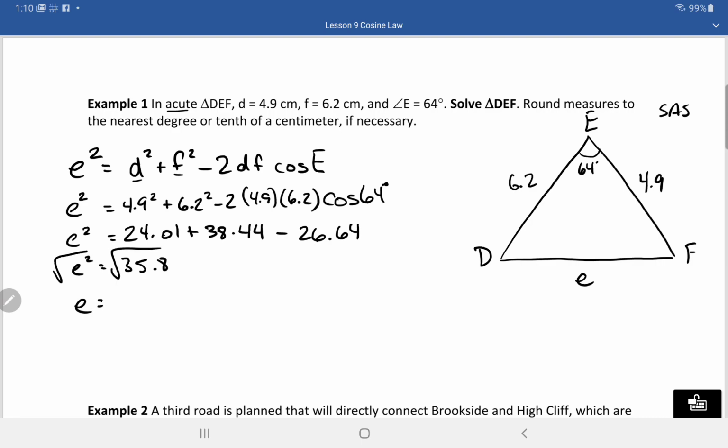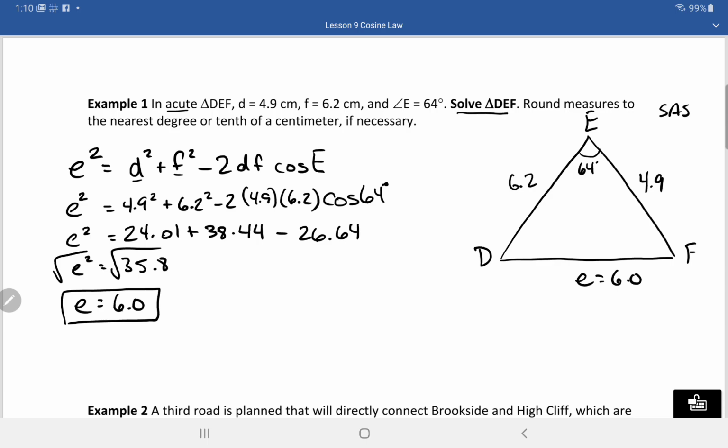So we get E equals the square root of the 35.8, which is 5.98. I'm actually going to round that to 6.0 because when you round the 0.98, it's going to round up to 6.0. So we just figured out this side to be 6.0.